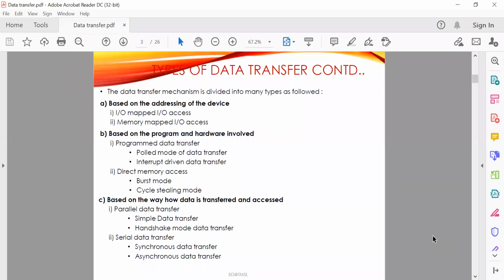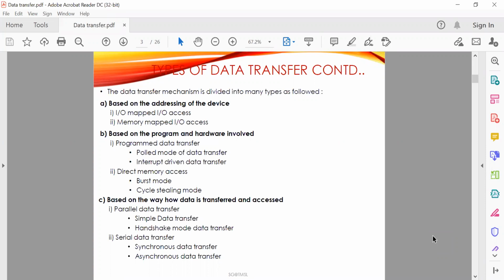Now, the microprocessor has separate instructions for input and output device access, such as the IN instruction and OUT instruction of the 8085. As memory and IO device accesses are governed by separate control signals, a single address can be assigned to both an IO device and a memory location. So that happens in IO mapped IO.